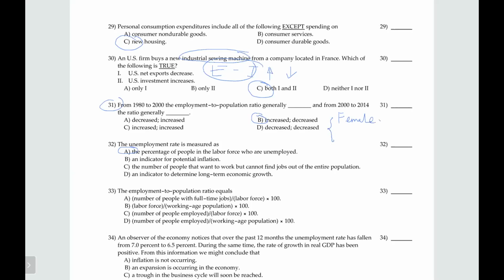The other is for age under 25. What we notice is that since World War II, the female labor force participation rate gradually increased over time. On the other hand, for people under age 25, the labor force participation rate gradually declined.